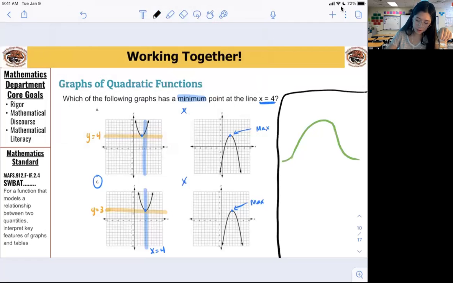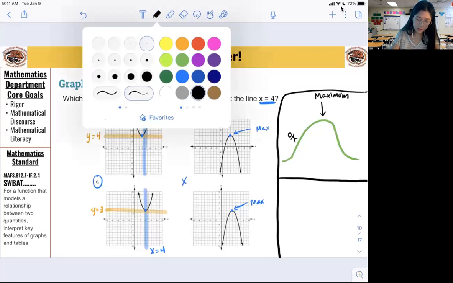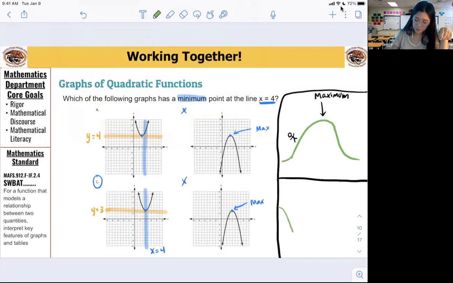If you're climbing up the hill and you get to the tippity top, that's your maximum. Now, on the other hand, let's say you're climbing down to the valley of a hill. If you're going down, that's your minimum because you get to the bottom.